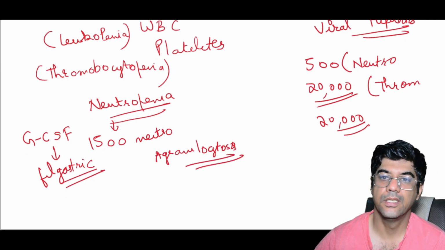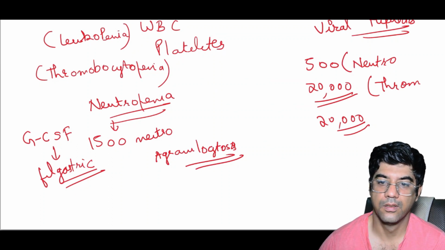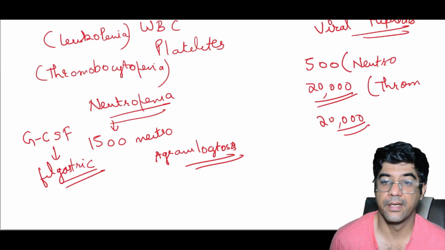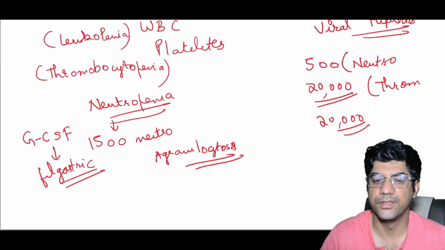The next condition is agranulocytosis. It is a condition characterized by a reduction or absence of granulocytes, particularly the neutrophils.